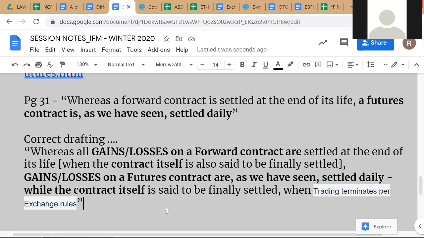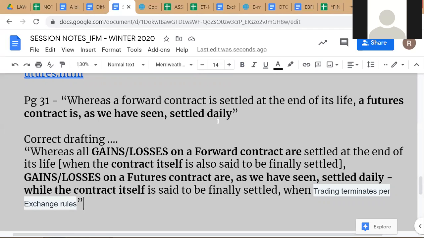So it's very important to speak correctly, using the language in a highly precise manner. So, a small point of distinction: gains and losses are settled daily, but the contract itself is settled when the trading terminates per exchange rules. That's why I'm saying it is not a correct statement to say that a futures contract is settled daily.